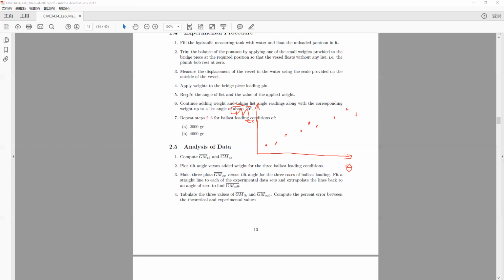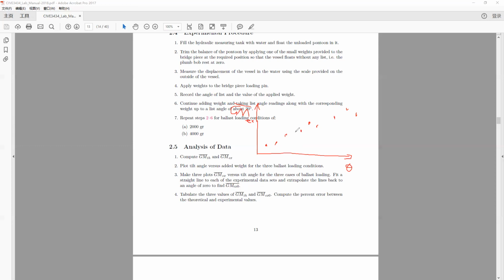Just for example, the actual GM experimental will not look like that. But what it asks you to do is fit a straight line to each of the experimental data sets and extrapolate the lines back to an angle of 0 to find GM experimental 0.